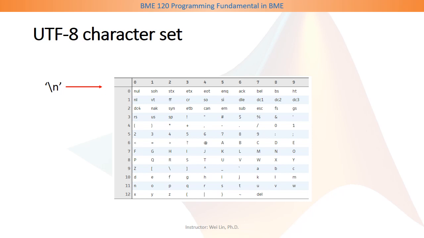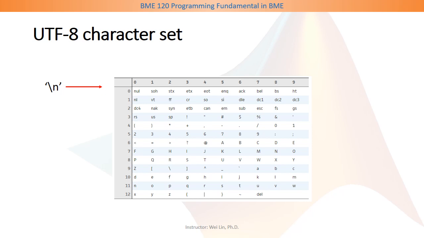It is not necessary to memorize the codes in this table. However, I would suggest that you memorize a few characters. For example, the code for character 0 is 48.